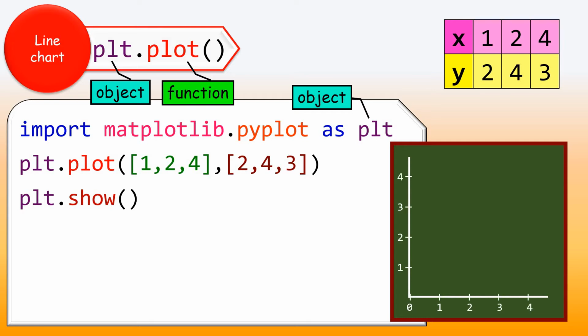Now I will show you visually how the points are plotted and how they are connected to form the line chart. So here our first point is 1, 2, which is over here in this graph, and 2, 4 is here, and the point 4, 3 is over here.